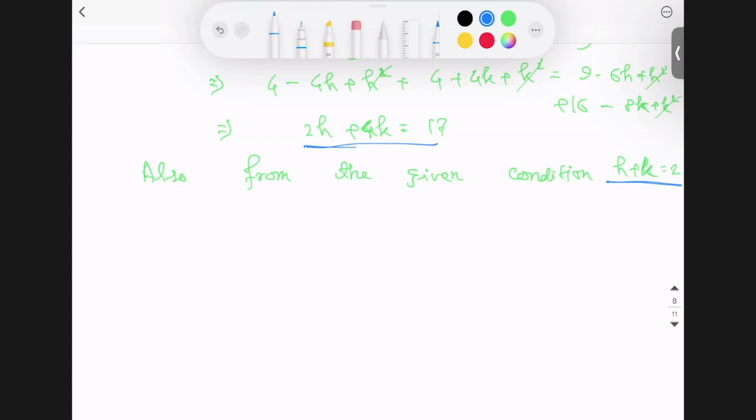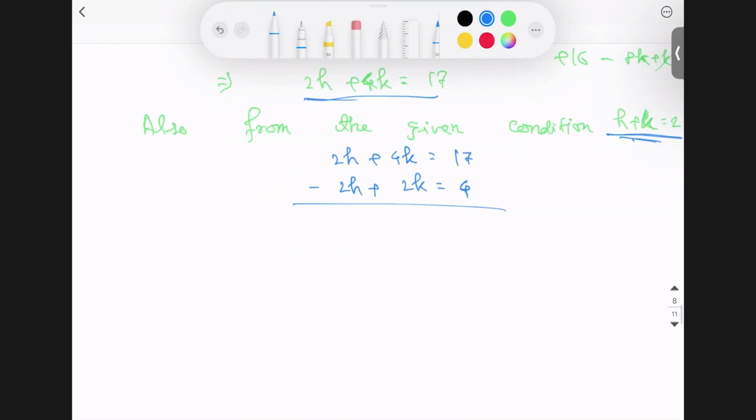How can we solve? So 2h plus 4k is equal to 17. And if I multiply the other equation by 2, then we get 2h plus 2k is equal to 4. Subtracting, we get an equation like 2k equals 13, which implies k equals 13 by 2.